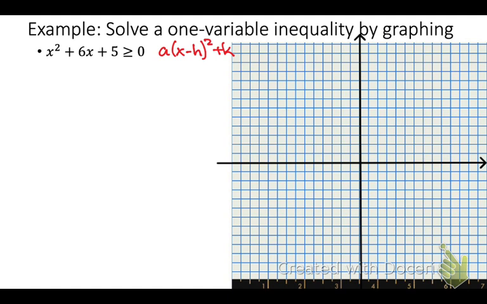So what we can do, because the vertex is (h, k), correct, is use a formula that can find h: h equals negative b over 2a. That would find h, and then I could plug it back into the equation to find k. You want to write that on your paper.